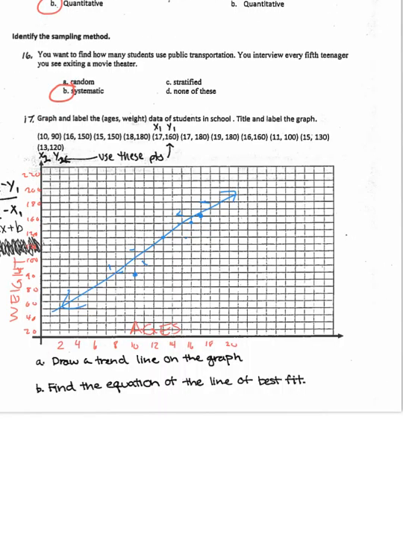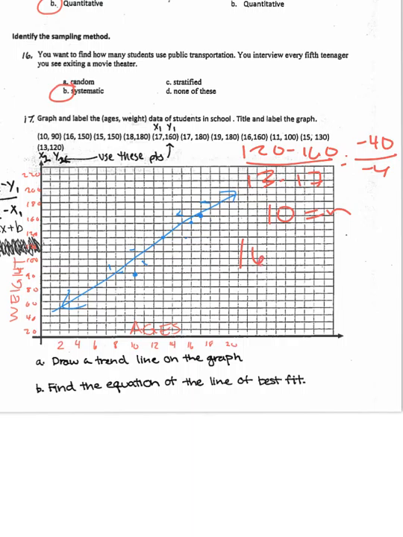Alright, so I already graphed this line on 17. I'm just going to show you how to find the equation now. So first we got to find slope, which is going to be 120 minus 160 over 13 minus 17, which would give me negative 40 over negative 4, so my slope is 10. And then I use one of those slopes and one of those points in the slope to find the b value, or the y-intercept.